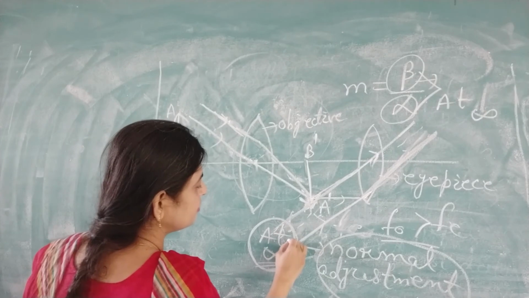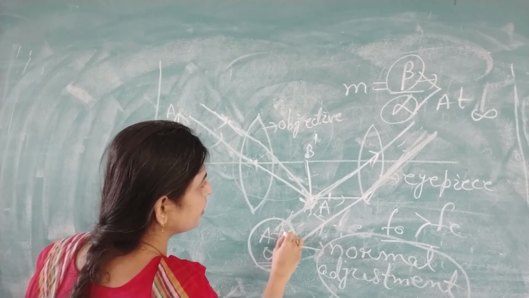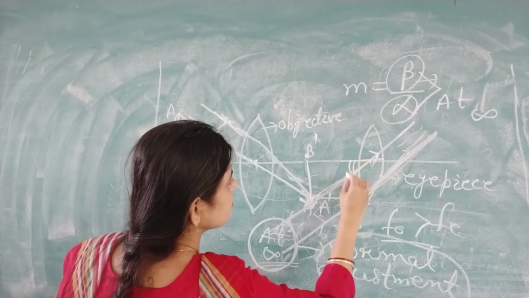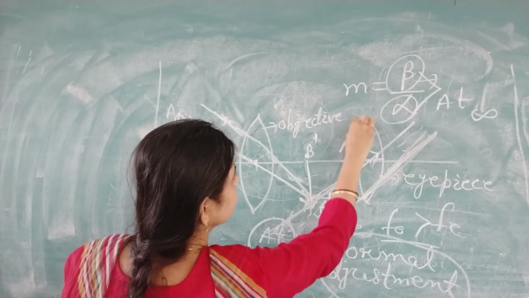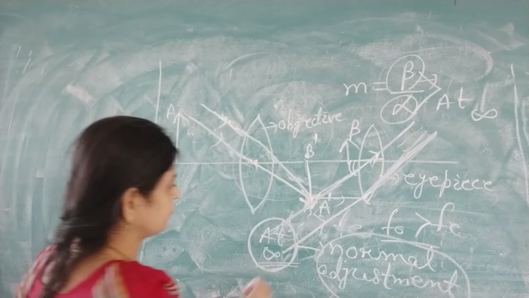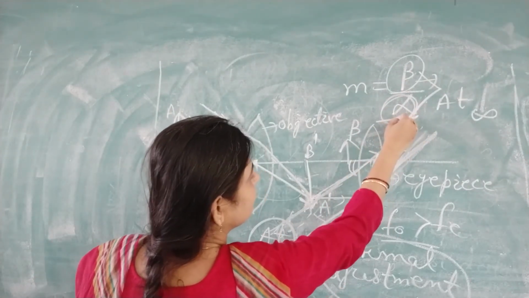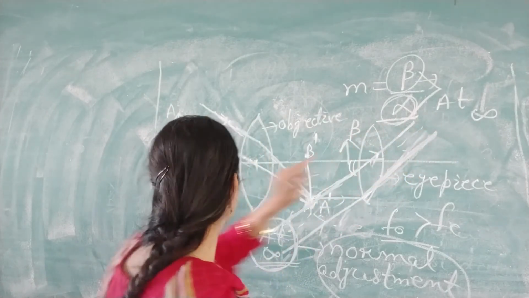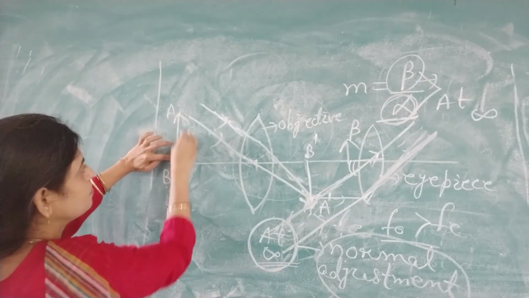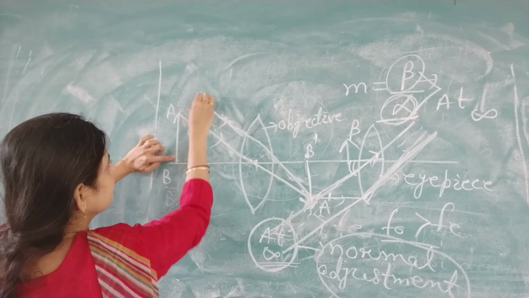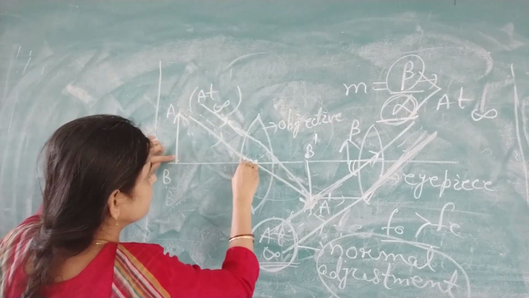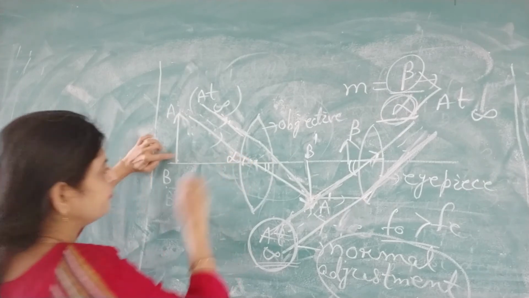This is the position of your final image, and this is your principal axis. That means this angle is your beta. Alpha means the angle by the object when placed at infinity. AB is your object which is placed at infinity. So this angle or this angle will be alpha.